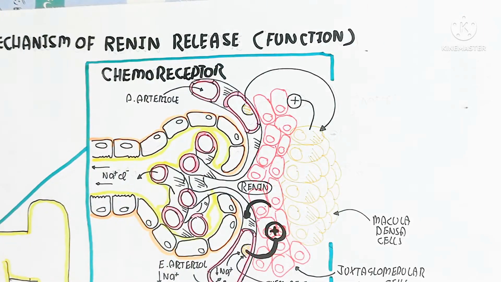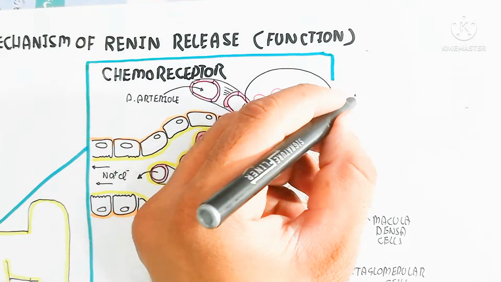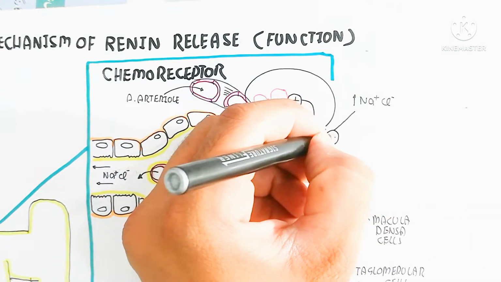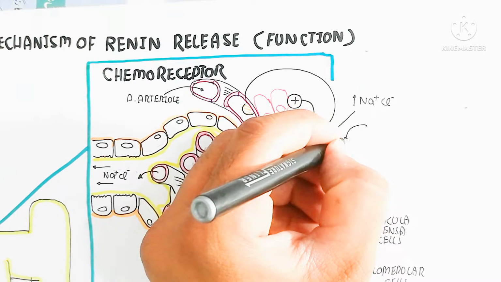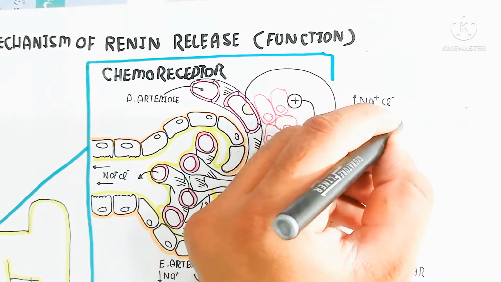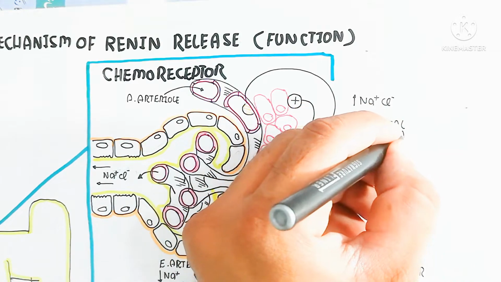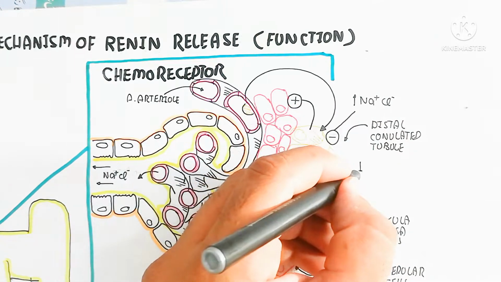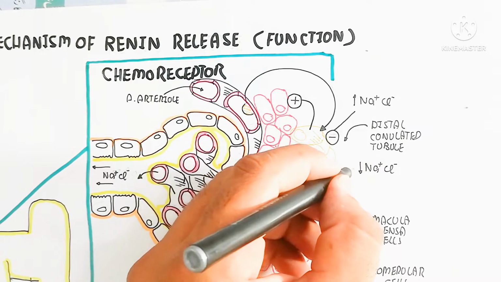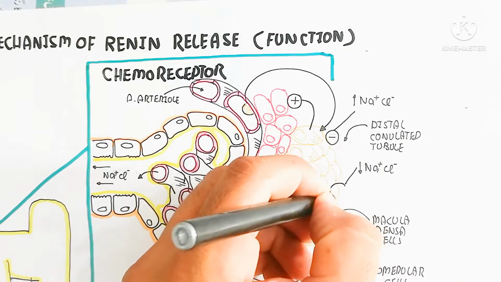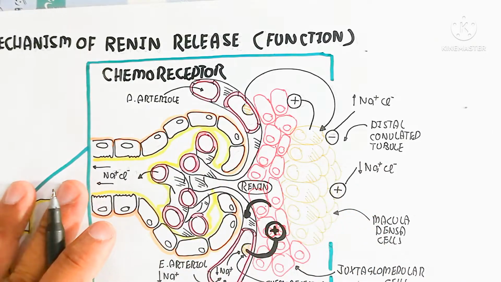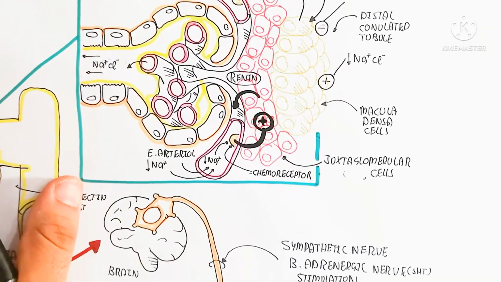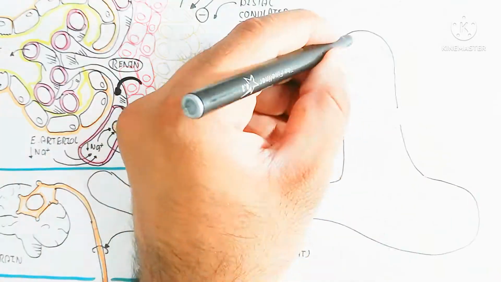So simply you can say that when the sodium level drops in the blood circulatory system, the blood vessel constricts to increase the blood pressure, because the volume of blood will drop. When sodium chloride increases, the distal convoluted tubule containing the macula densa cell will inhibit renin production by the juxtaglomerular cell.